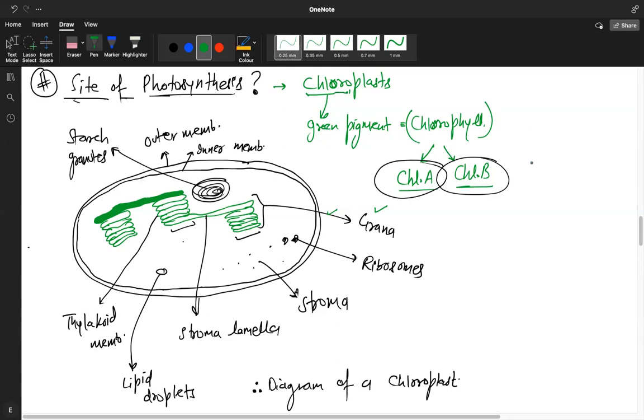Any? Okay, so Iram, where is the lumen and where is the outer side of the membrane? See, I'm confusing you. If your fundamentals are clear, finally, where does the oxygen need to go?